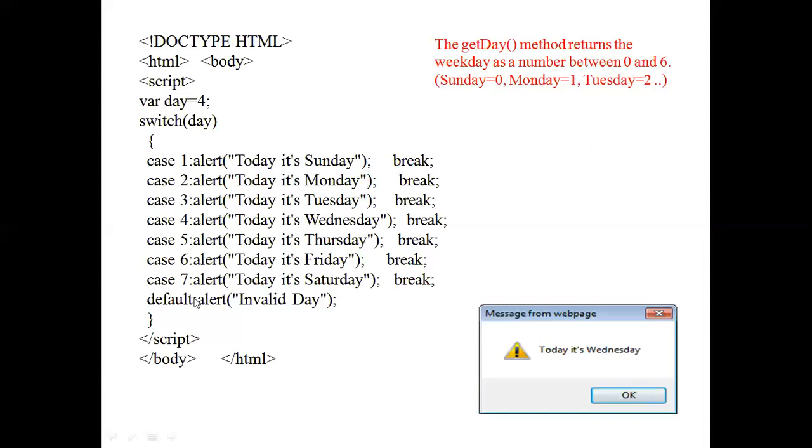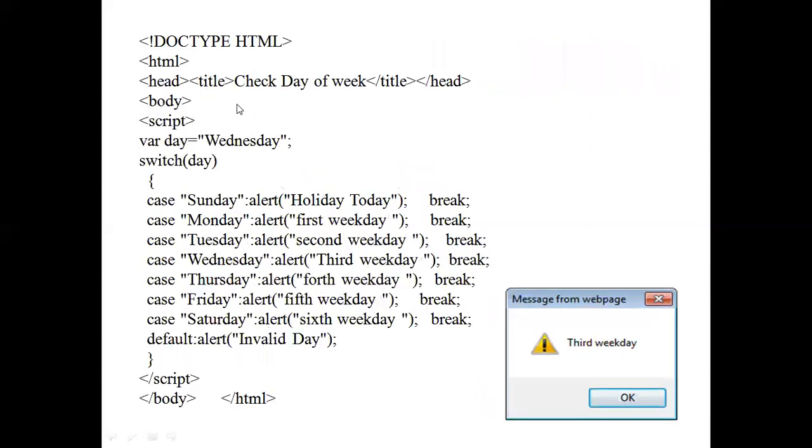So here I have used number values. Now next I will give a text value. See the next program. Now I said variable day is equal to Wednesday. I have taken a text value. Switch day.